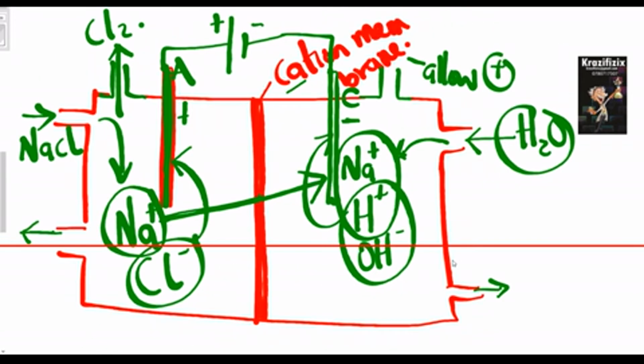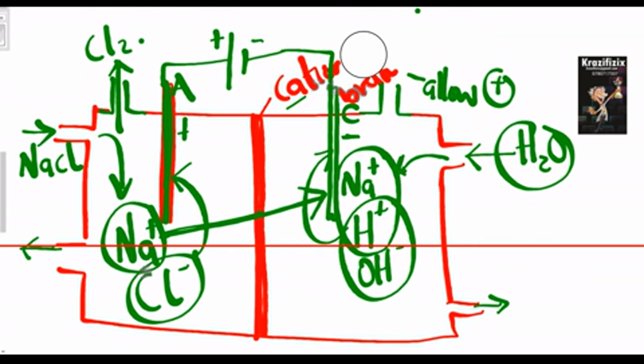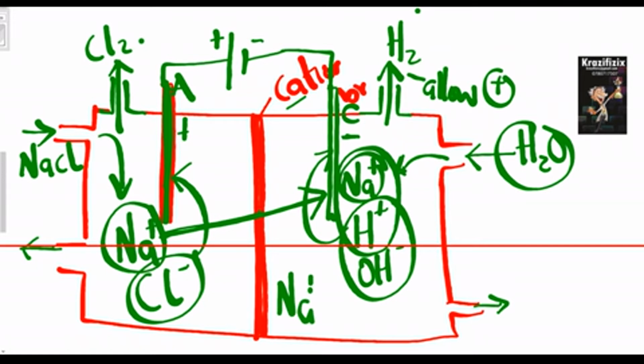So let's fill up that empty space again. I'm going to clean this one here. Now we are left with this. Remember that sodium also is here. So we are going to have a reaction between sodium and hydroxide ion to produce sodium hydroxide.